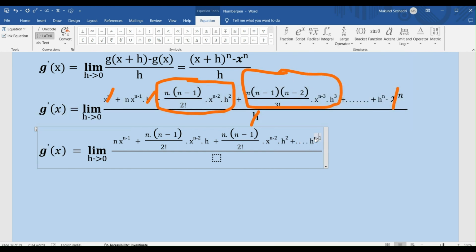So this is what I have with me here. My h is cancelled out, so I have a 1 out here in the denominator. So all these expressions, which still have an h, I don't think we can further simplify them, right?